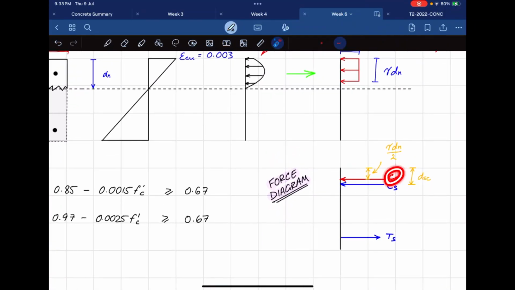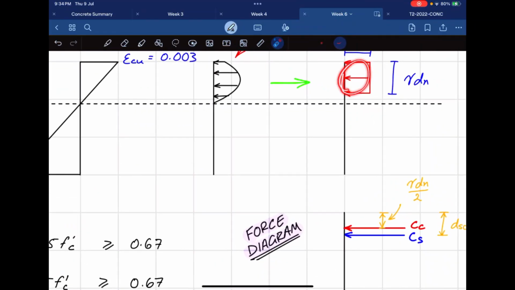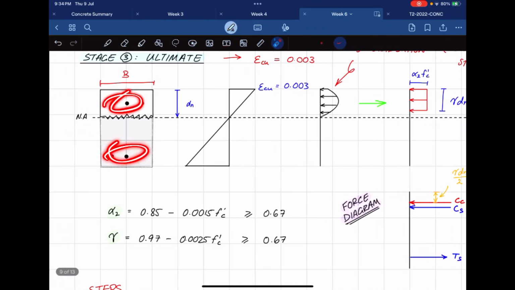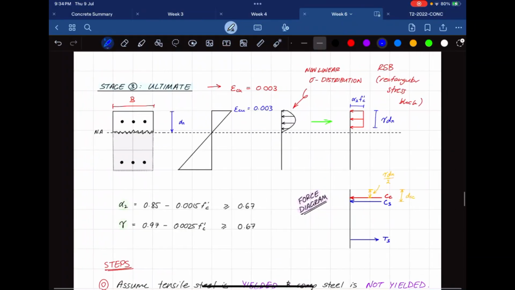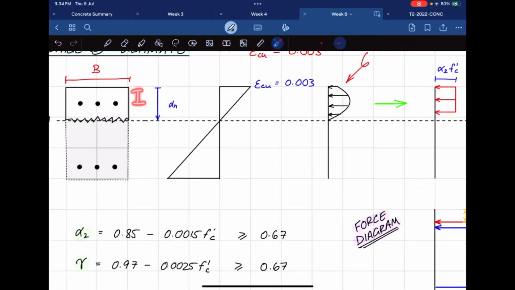Cc over here stands for the compressive force due to concrete, which is this UDL, the stress distribution. That's why I put it in red. These blue forces are actually forces from the steel rebar. They act at the centroid of the bars.